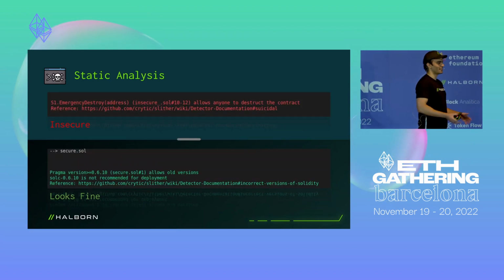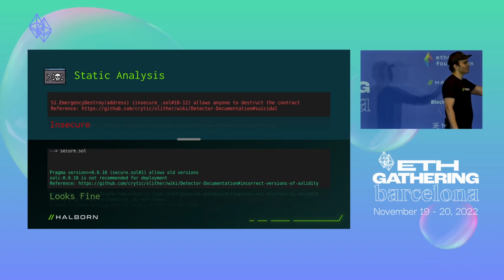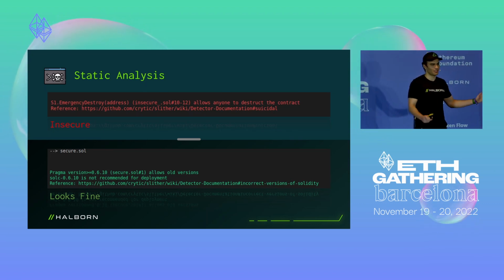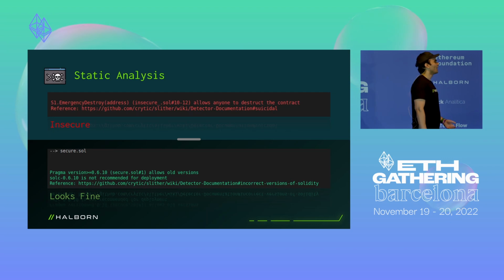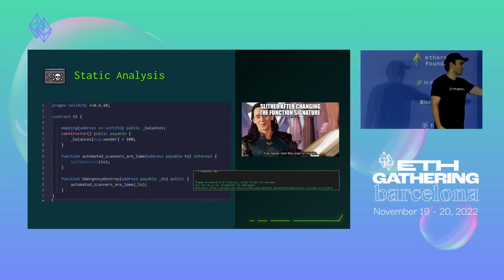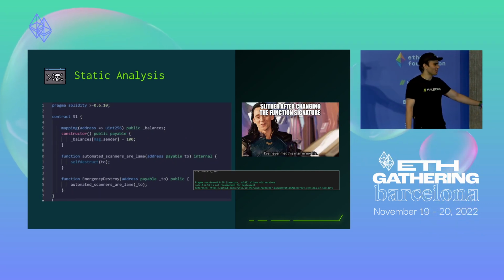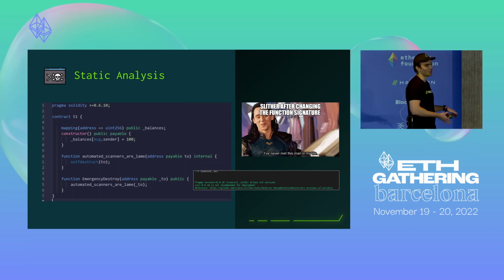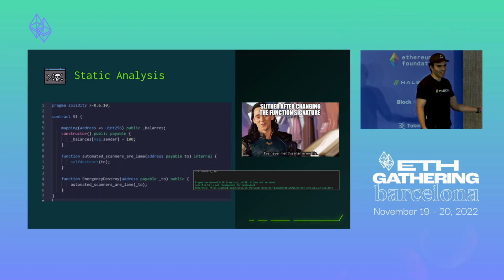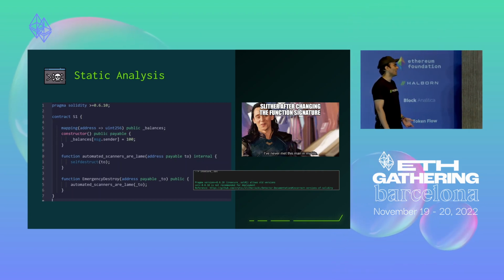So we run them through static analysis. I'm not going to mention the name, but you get: okay, that's insecure, there's something wrong here. And this one looks fine, because you're doing some sort of validation. But if you did just an internal function and called it, automated scanners are lame. If you try the same thing, this contract is really vulnerable, but if you pass it to a static code analyzer, it will show you nothing. It says, I never met that guy, I don't know what selfdestruct is.